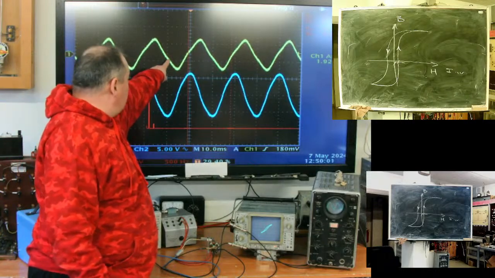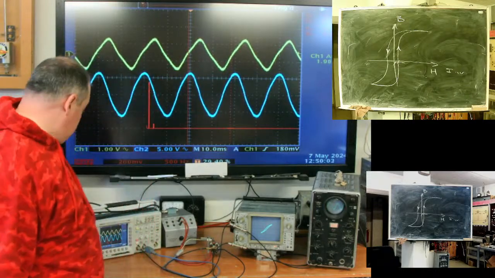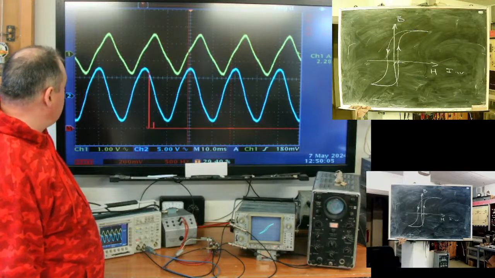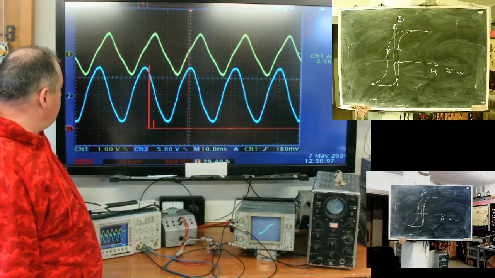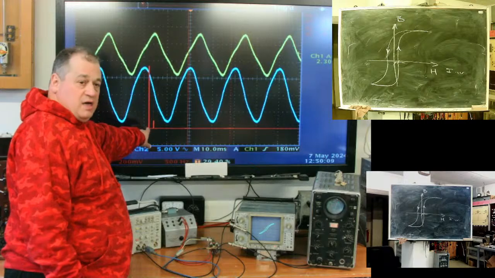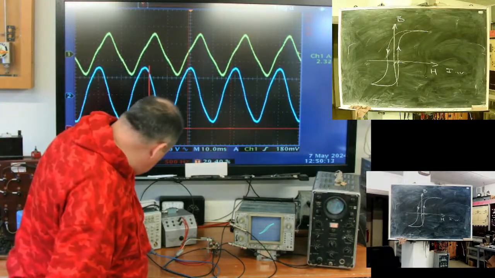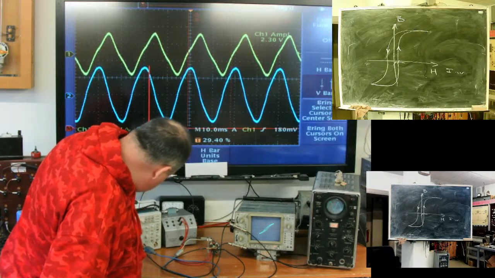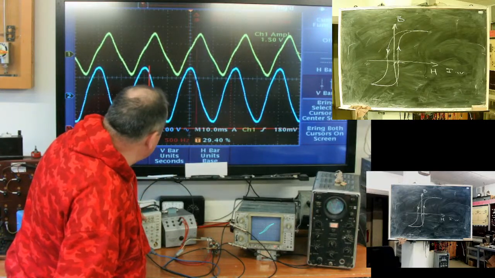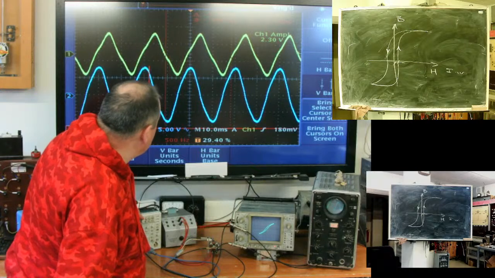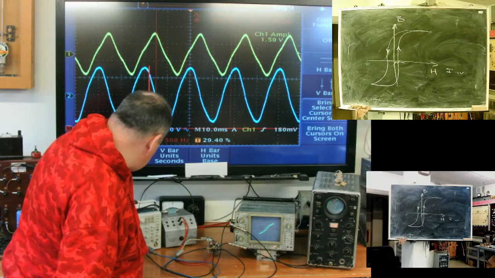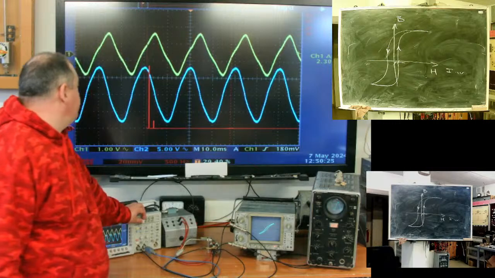What about this one? It's a primary current. See, spectrum. Red line is a spectrum of yellow. One second, I need... Okay, come here.